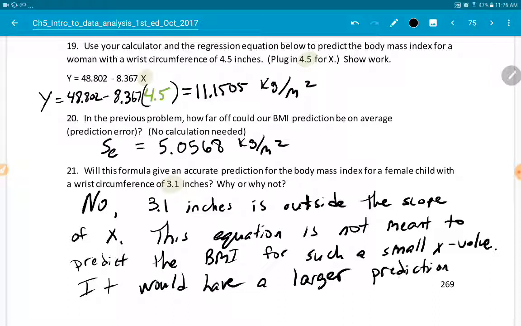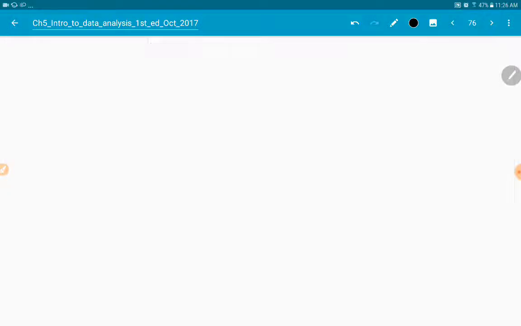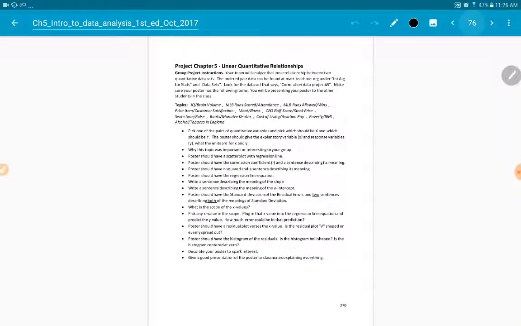So the further and further we get from the scope, the larger our prediction error would be. So this prediction error is really only for within that scope of x. And that wraps it up for the Unit 5 review.